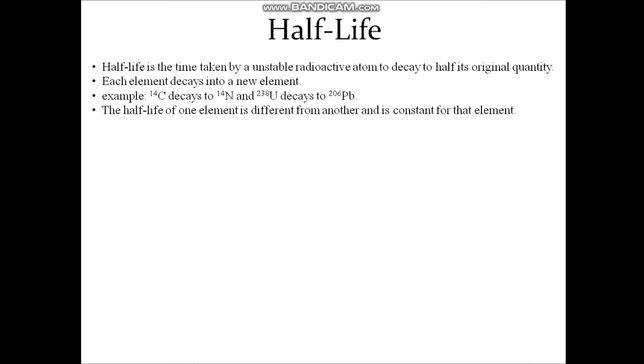We know that for beta and alpha, there is a change in the number of protons and also a change in the number of neutrons. For example, carbon decays into nitrogen and uranium decays into lead. Now the half-life of one element is different from another, and it's always constant. When you say constant, right from the beginning of the earth, the half-life has never changed for a particular element till date.